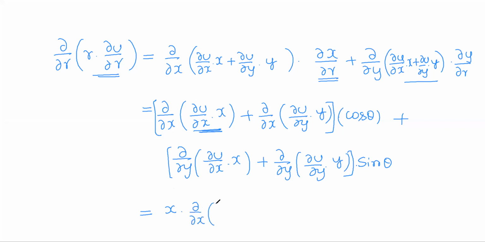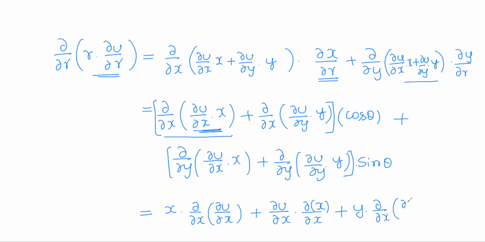So ∂/∂x of ∂u/∂x plus, now keep the function ∂u/∂x as it is, the differentiation of x with respect to x. So this term is completed, plus ∂/∂x of ∂u/∂y into y. As we are differentiating with respect to x partially, y is constant, so keep it as it is. So differentiation of ∂u/∂y with respect to x partially.